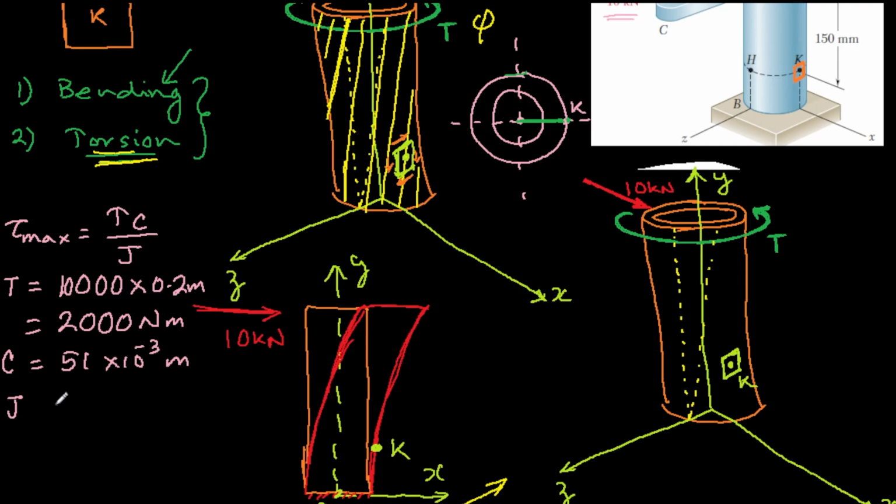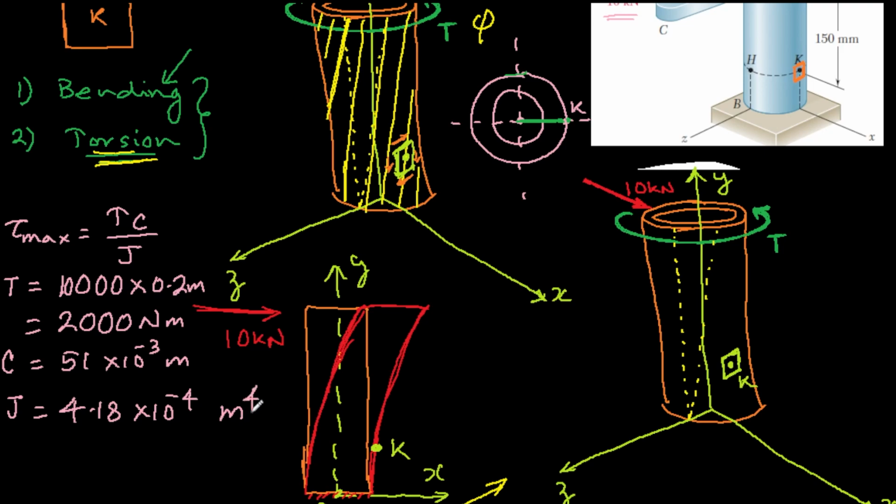And J you can calculate for the annular circle, and it will come out to be 4.18 times 10 raised to minus 4, I think. Okay, let's say minus 4 meter 4.